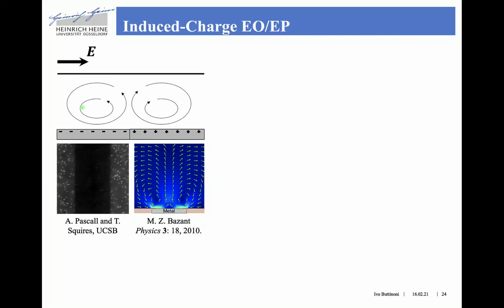Well, in this situation, the electrical mobility varies in x, and this leads to a gradient of pressure and recirculating rolls with fluid that enters and leaves in the direction perpendicular to the surface. And this is nicely shown in this video here, as well as in this article.